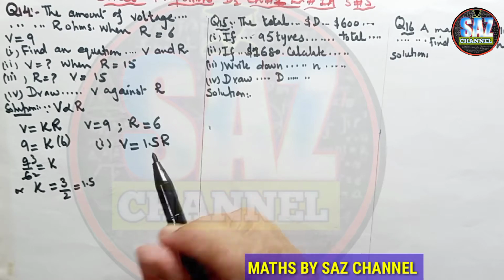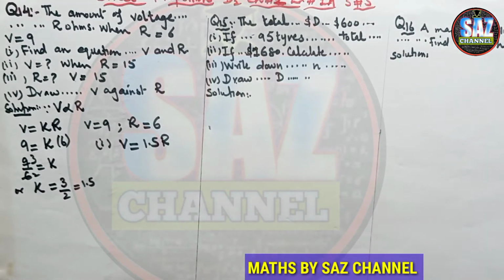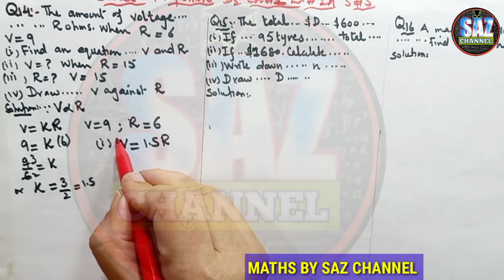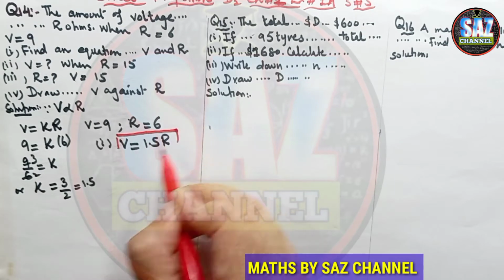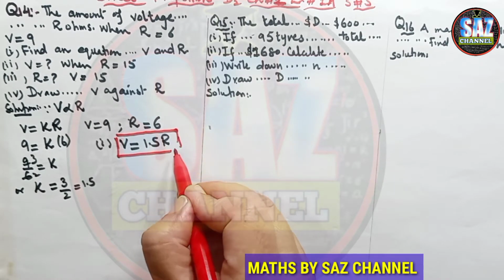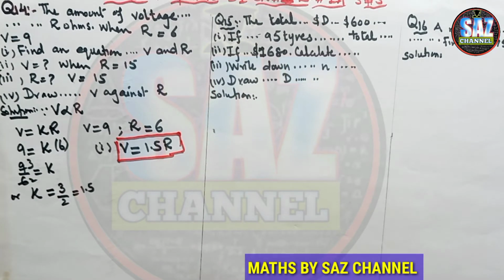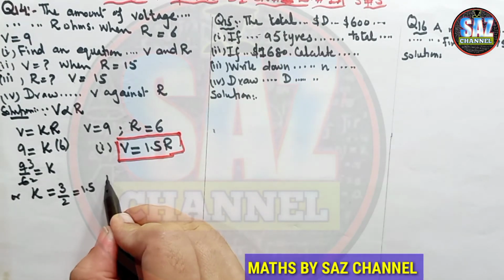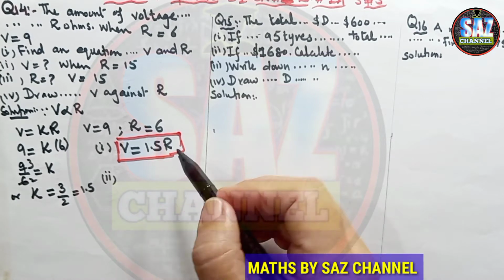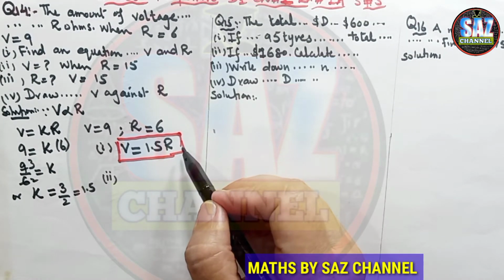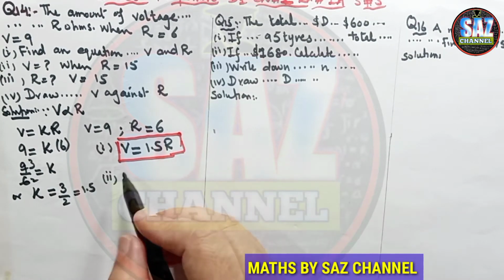Very easy question. Let's move to the second part of the question, which says that we have to find the value of V when R equals 15. For the calculation of this part, again I have to take this equation and replace the value of R by 15.